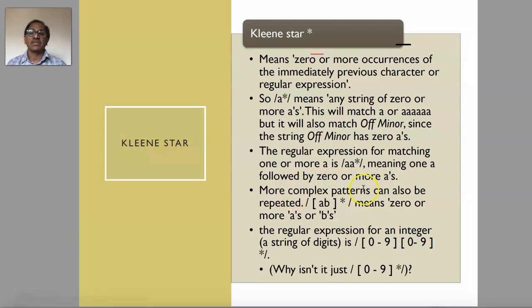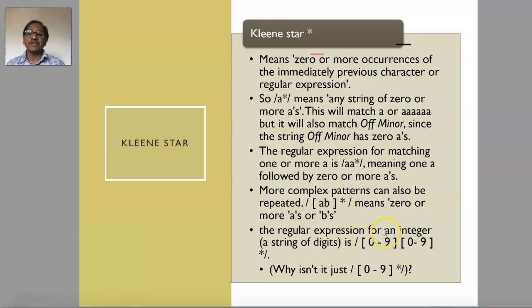More complex patterns can also be repeated. That is, it's not just one single A. For example, if you put AB in square brackets, remember square brackets mean disjunction, so A or B, then star, that means you can have any number of A's, any number of B's. Either 0 A's, 0 B's, or more A's and more B's is also possible. So this is how you create a complex pattern using disjunction and a Kleene star.